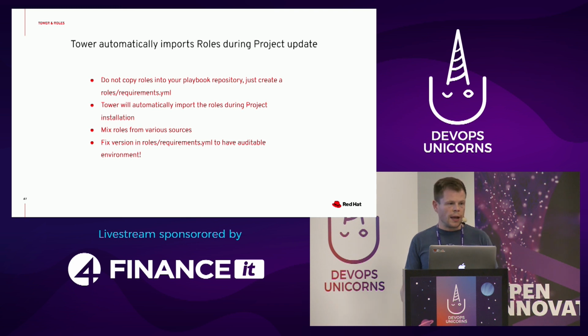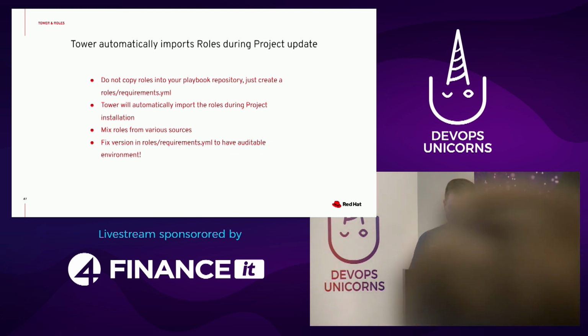So you don't need to include the roles in your repo. You just make sure your requirements YAML is updated, and it'll deal with it on the fly. Another useful tip is to fix the version. So if you've got specific requirements within your playbook to use a certain version of a role, then put that in there, so to avoid any problems later on. It also helps with auditing as well.